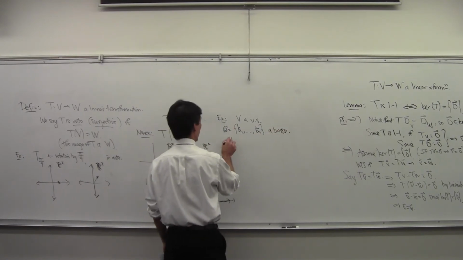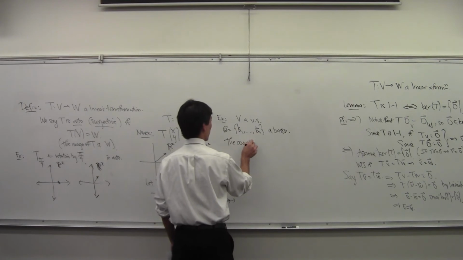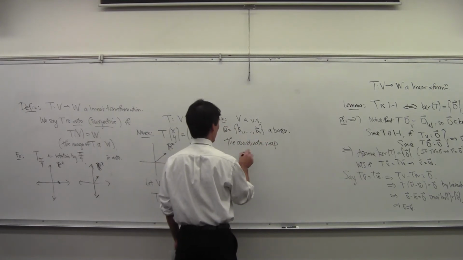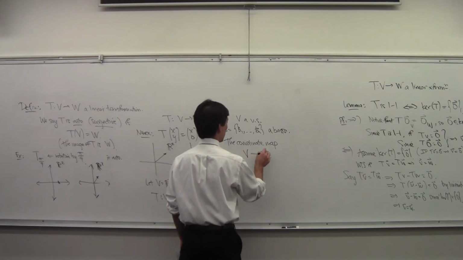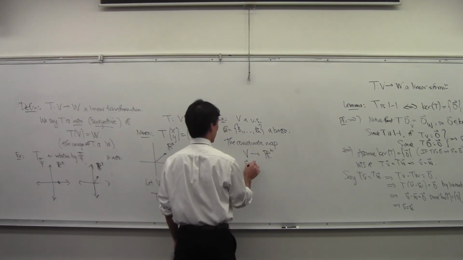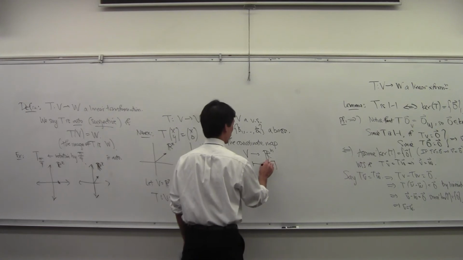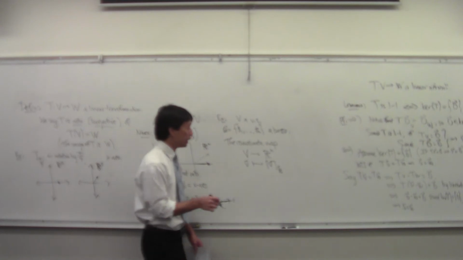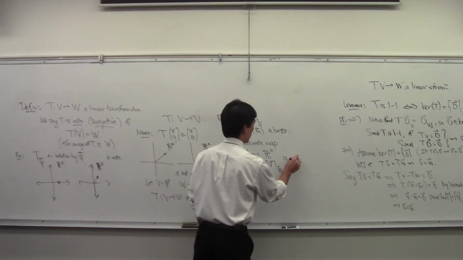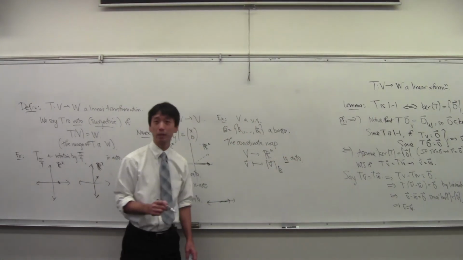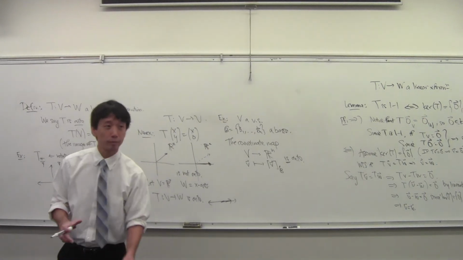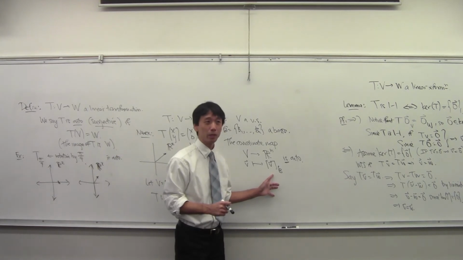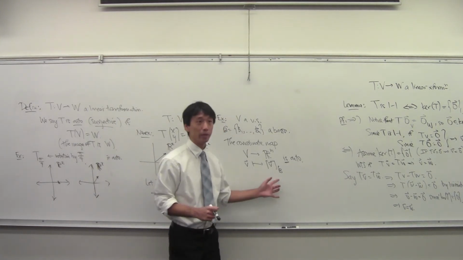Then the coordinate map from V to Rn, taking your vector to its coordinate vector, is onto, because any set of coordinates here, I can get.